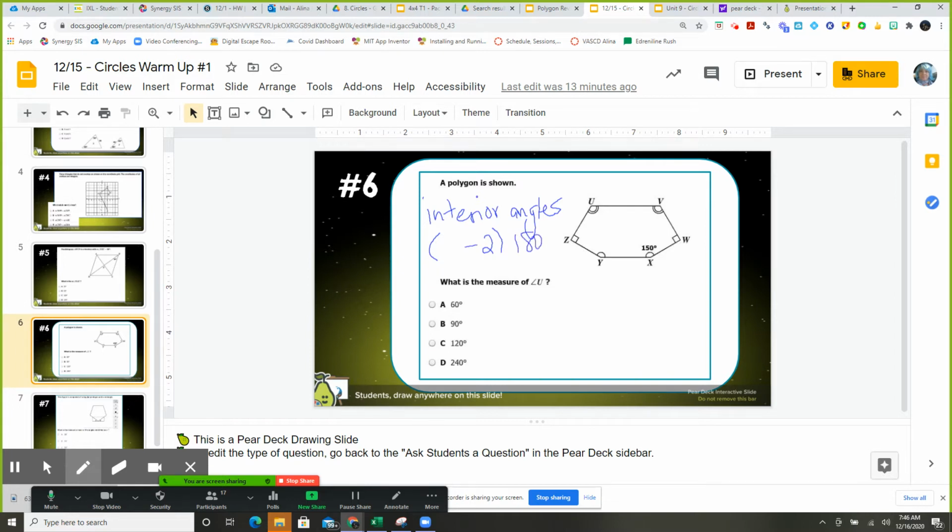Absolutely. Interior angles are going to be n minus 2 times 180. What's the n in this case? 6. 6 minus 2, get that number, and then multiply it by 180. How many total angle degrees should be in this shape? 720. And then what's my next step?